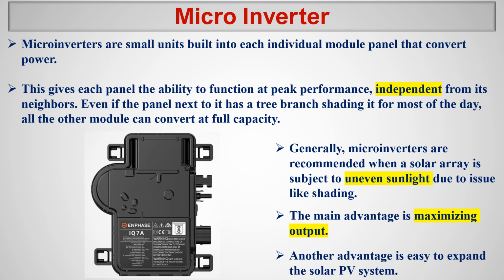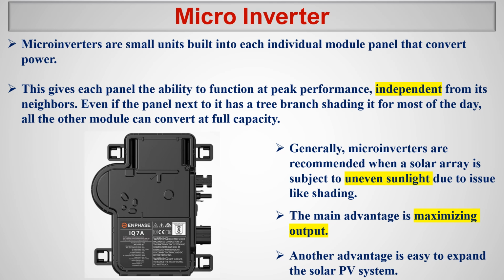Please go and watch the previous video. There we said that if you have 10 solar modules in series and one of the modules is affected by solar shading, then all the modules will have a low current rating.